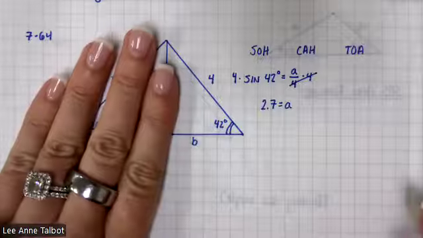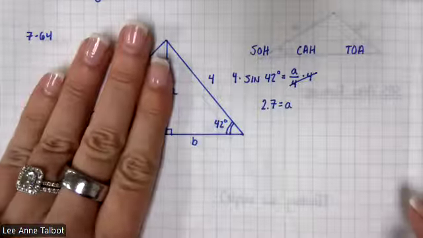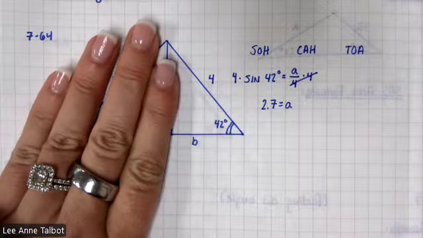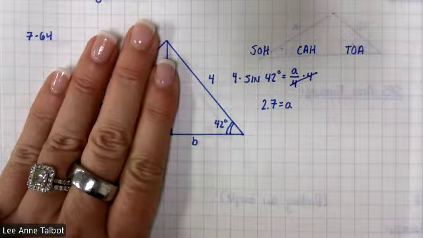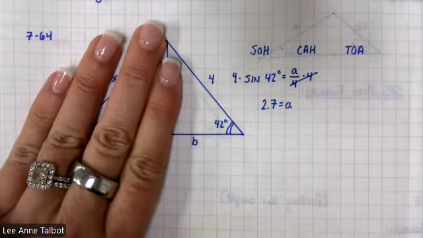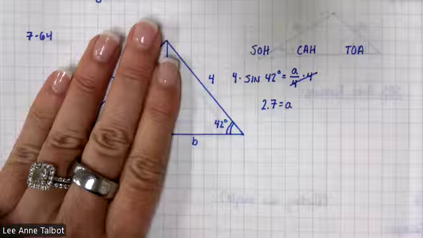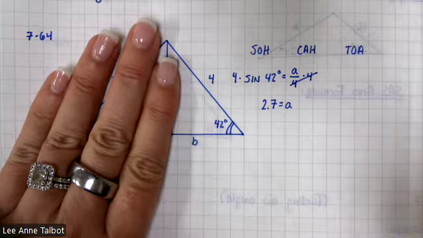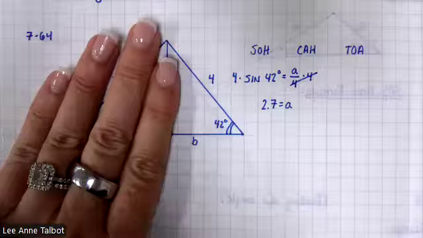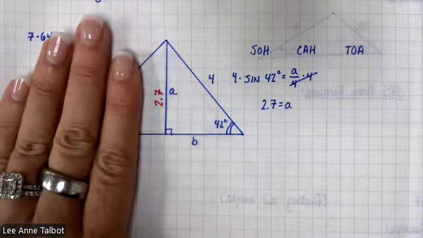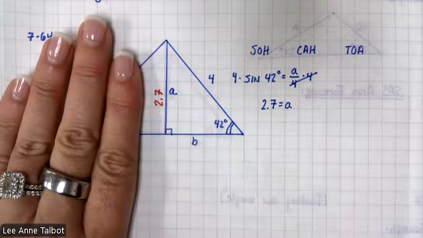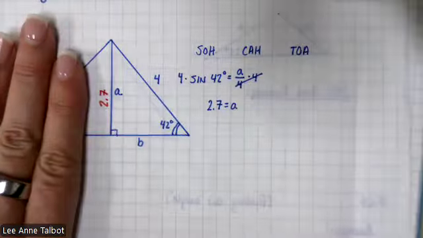Okay, now only look at these two things. Which trig function should I use to solve for B? Cosine. Okay, now really quick. Why would I not use the 2.7 to solve for B? Why would that be a bad idea?